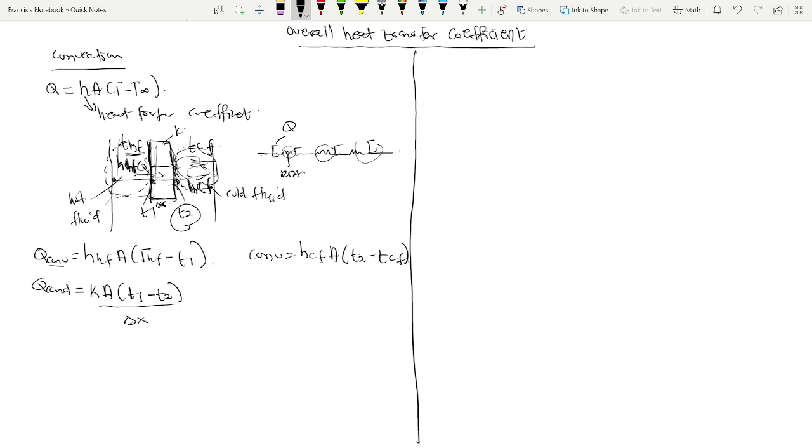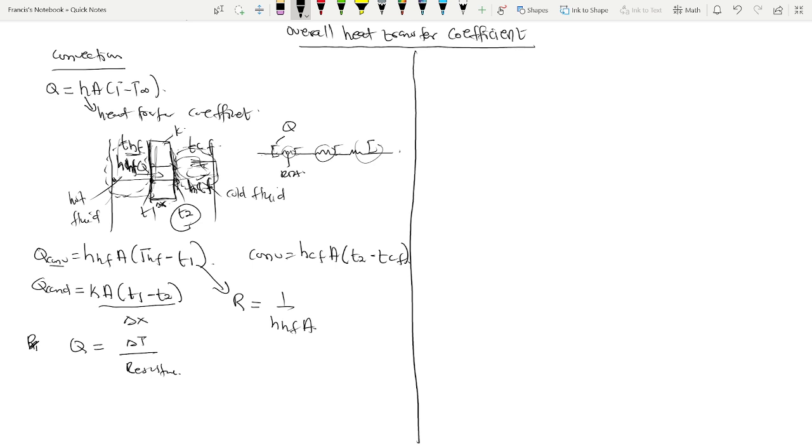So now we've already established that heat transfer can be written as change in temperature over resistance, from our previous video. So the same thing applies. Let me establish that again. So for the first part, the resistance will be 1 over hHF A.